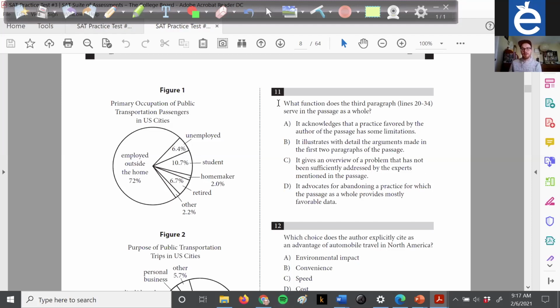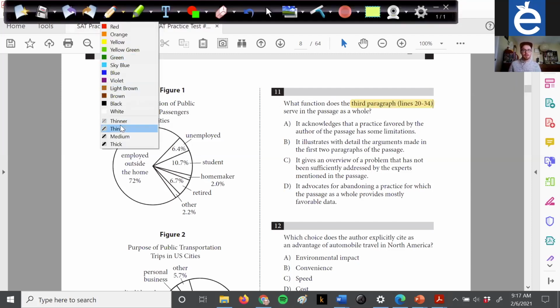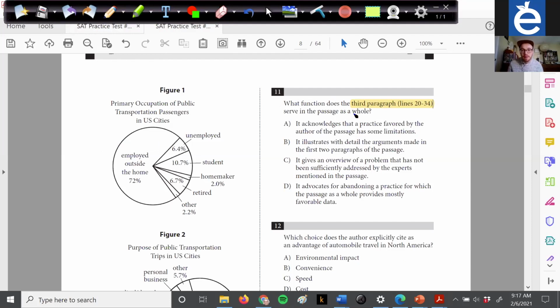So what function does the third paragraph, lines 20 to 34, serve in the passage as a whole? Well, that seems pretty clearly to be a line question. So we can probably answer that pretty early on, though I may not answer this first.